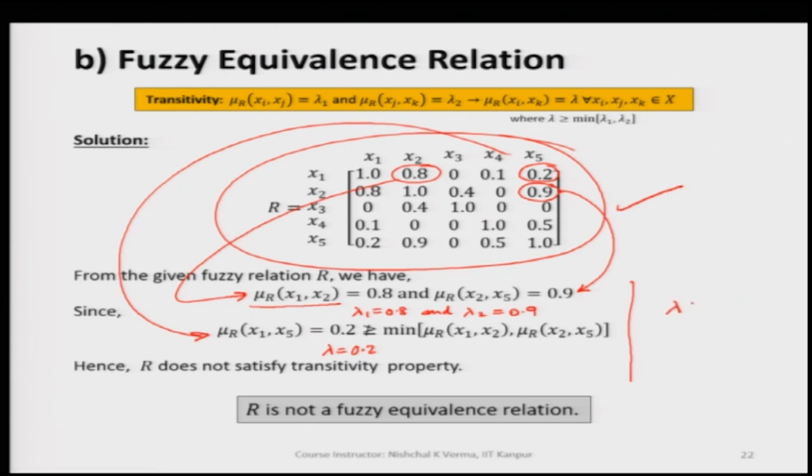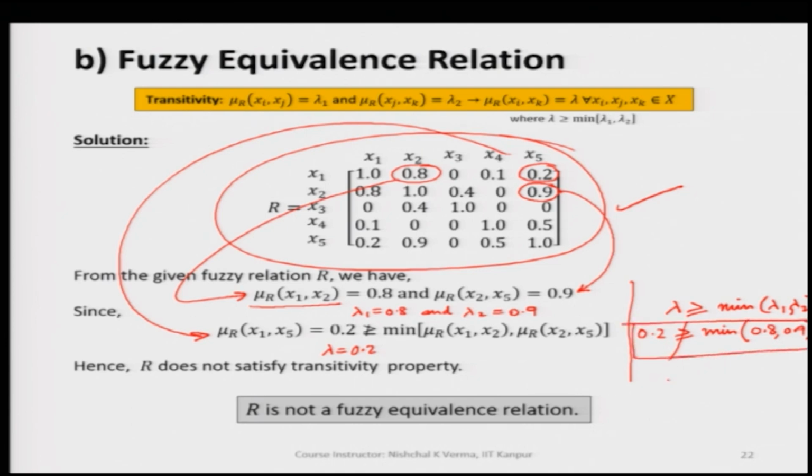Lambda should always be equal to or greater than the mean of lambda 1 and lambda 2. So, we have all the values. Let us see whether this holds. If we take the mean of 0.8 and 0.9, and here lambda is 0.2, this is not holding, which means this is not true.